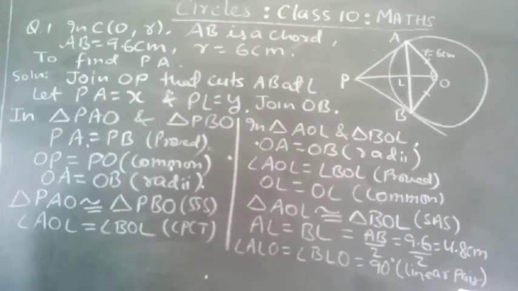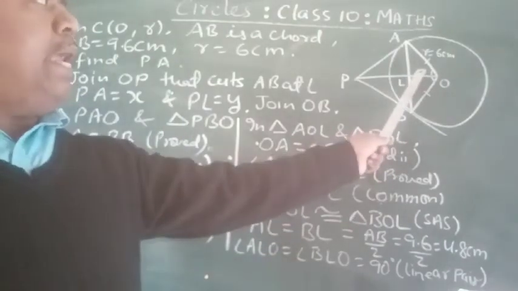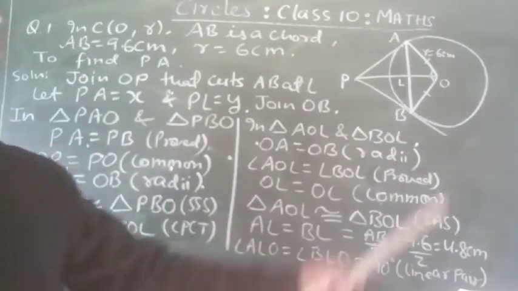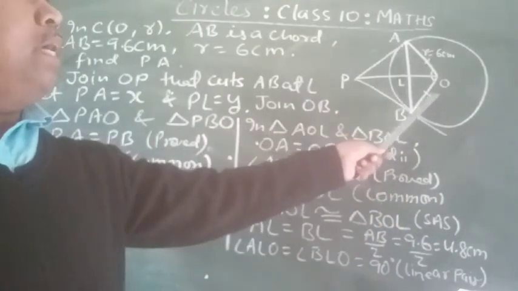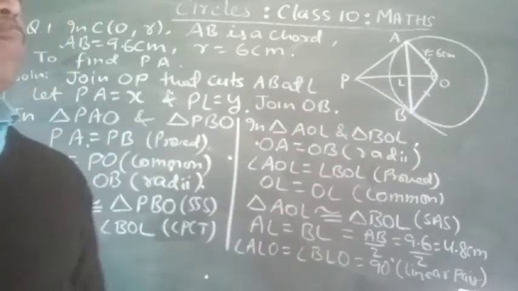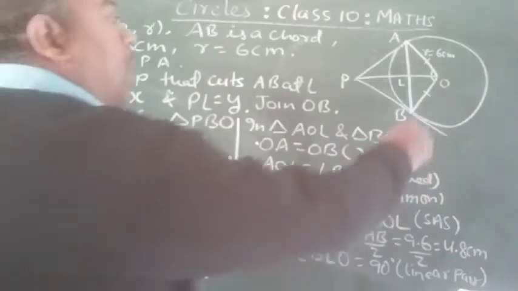After making this congruency, we have to look for triangle ALO and BLO. OA equal to OB, angle AOL and angle BOL are both equal, and OL is common.